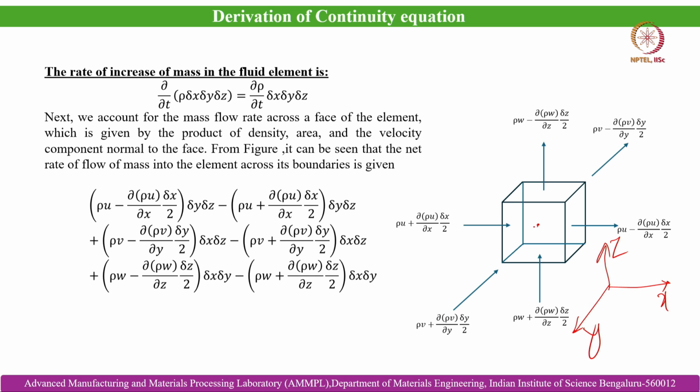Because this point is located in the middle, from any of the faces the distance is half of the total distance between consecutive faces. So from this point along the x axis, the distance is delta x by 2, along the z axis it is delta z by 2, and along the y axis it is delta y by 2.